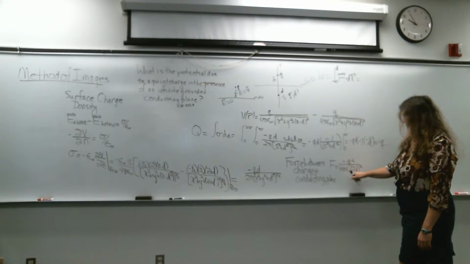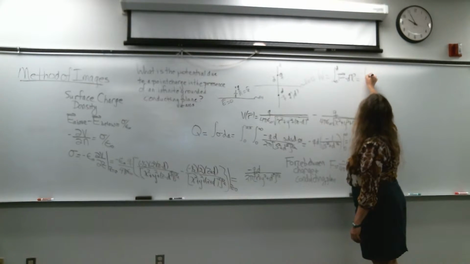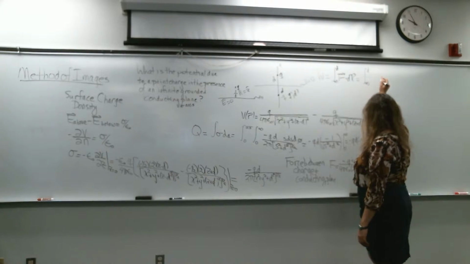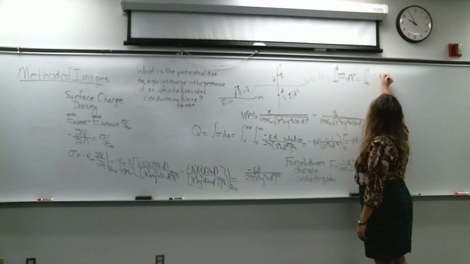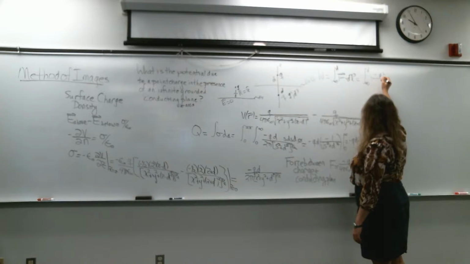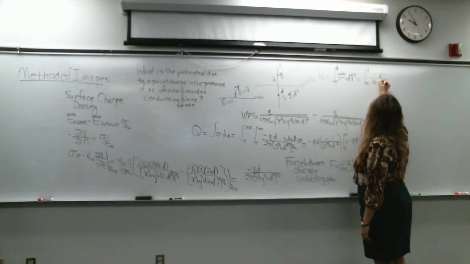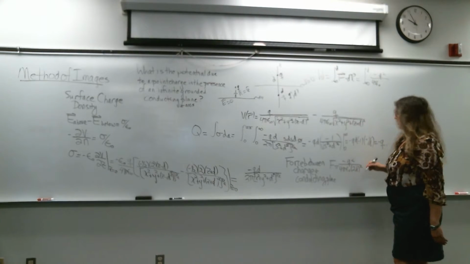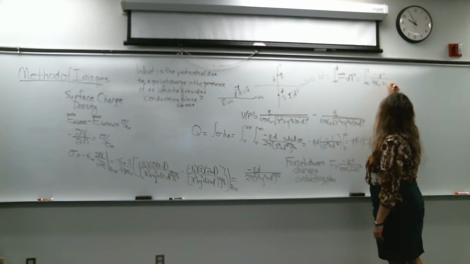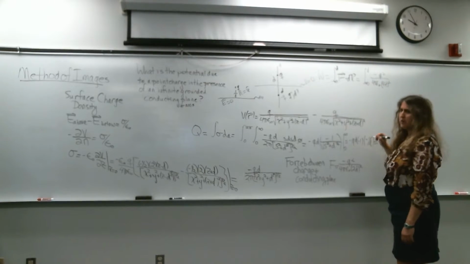So we can write this as the integral from infinity to D of minus Q squared over 4 pi epsilon naught over 4z squared.